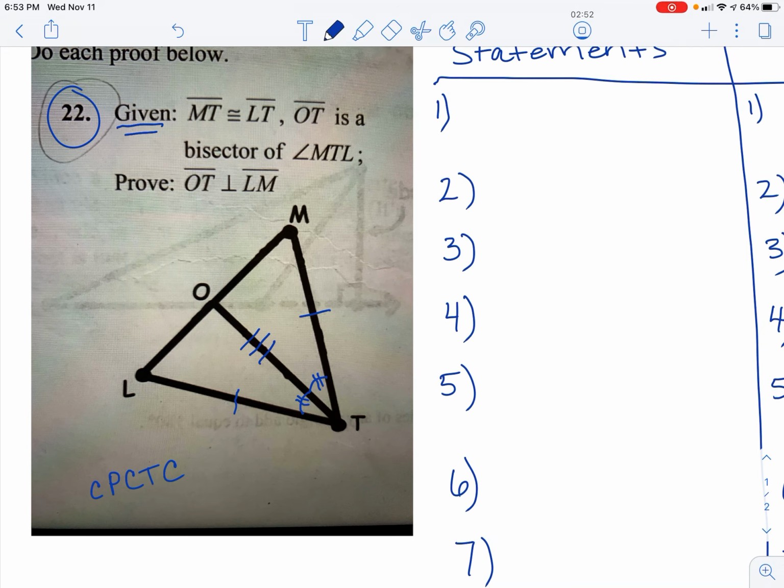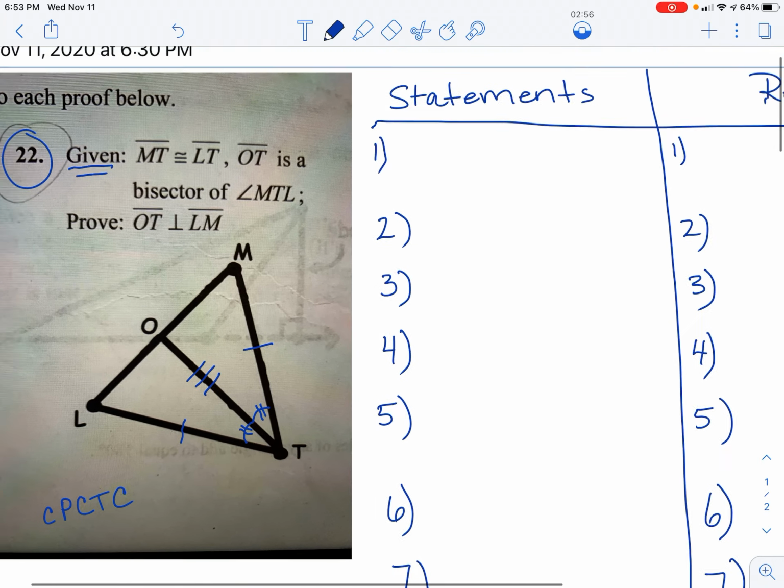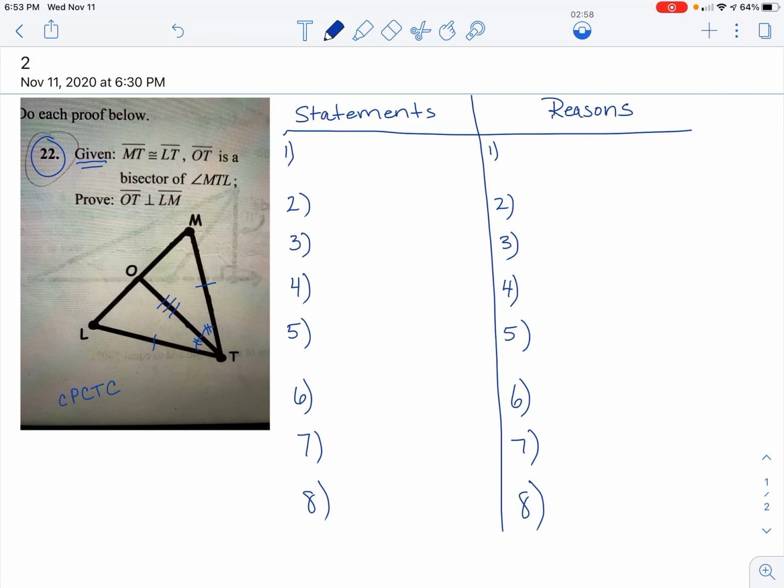Okay, so based on that, let's go ahead and get some of this information down, because that gives us a good start and a good base. The first thing we want to do is write down what we said was given, and that is that MT is congruent to LT. And we'll put that OT bisects angle MTL. That information is all given to us.